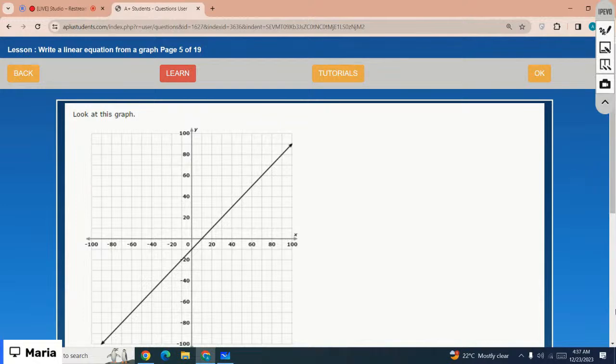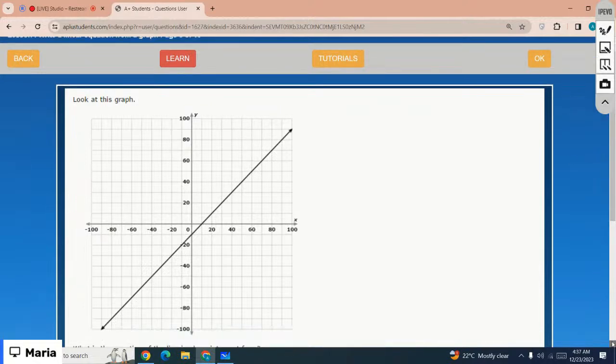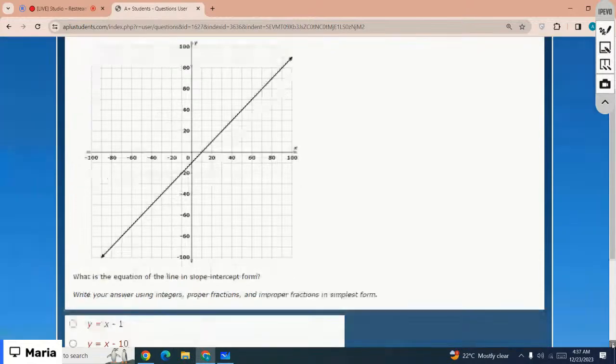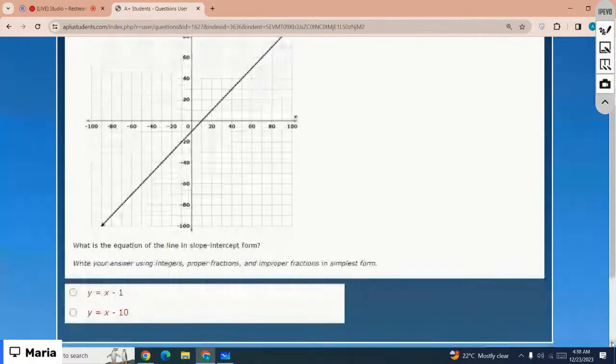Look at this graph. What is the equation of the line in slope intercept form, which is the correct option?